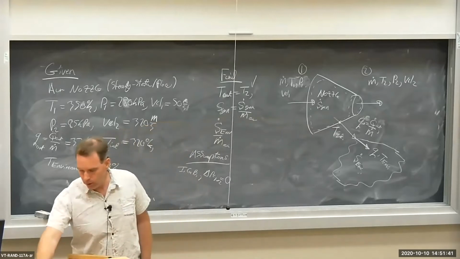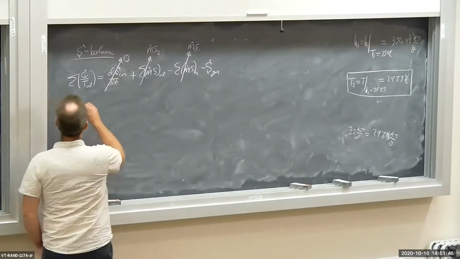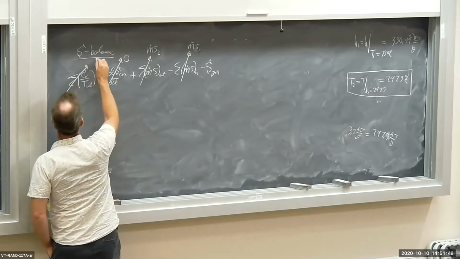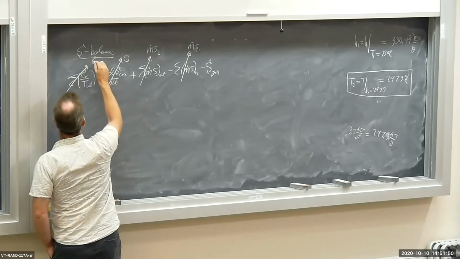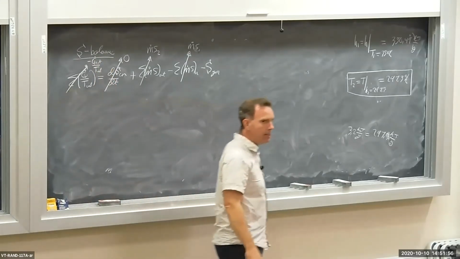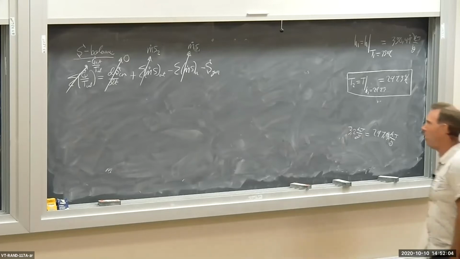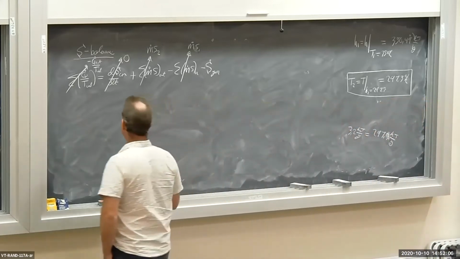So this summation goes away, and I have a single heat interaction, negative Q dot out over T interaction. It's an outflow of entropy due to a heat interaction. Okay? So let's solve for S dot gen.